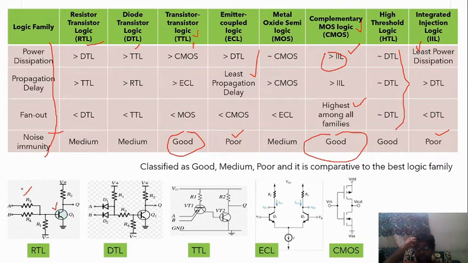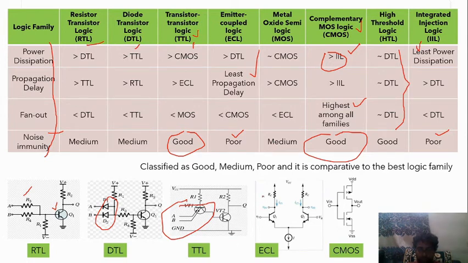Now if you remove these resistors and connect diodes, then comes the DTL logic, where the input is provided to the diodes. Now if the diodes are eliminated and you provide transistors in that place, that is called transistor transistor logic, where you have the inverter at the output, but the input is provided to another transistor.